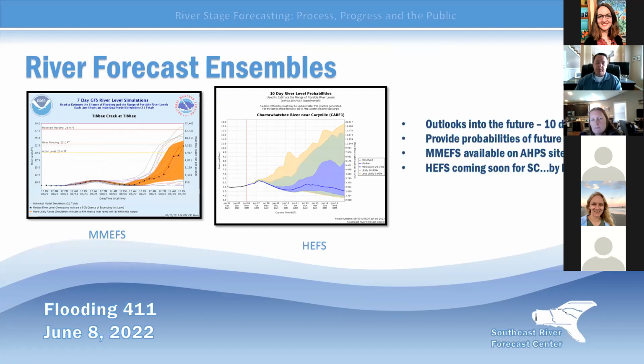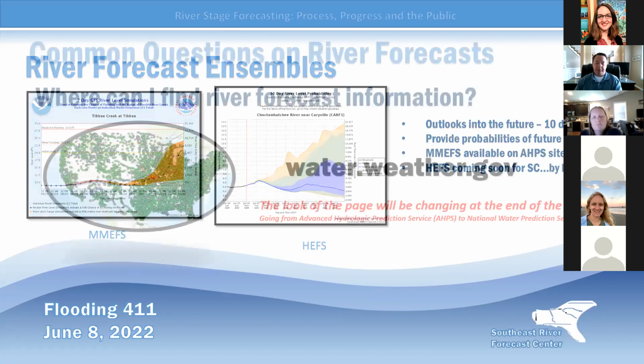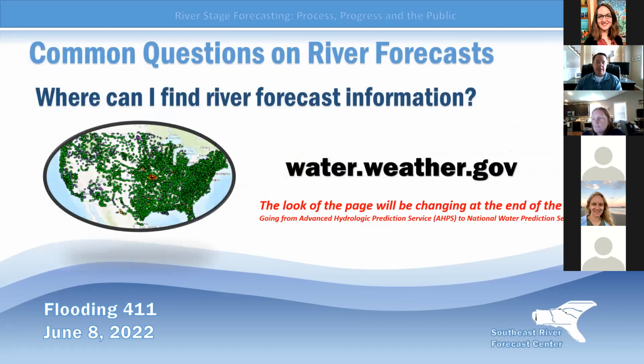So, you may ask, where can I find all these forecasts? Well, you can find them on water.weather.gov. Most of you may be familiar with this page. And if you are familiar with the page, note that the look and feel of this page is going to be changing toward the end of the year.